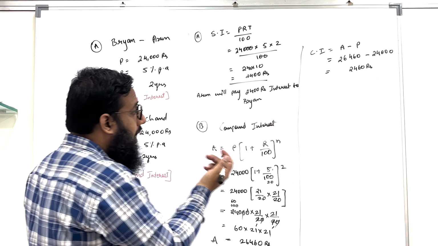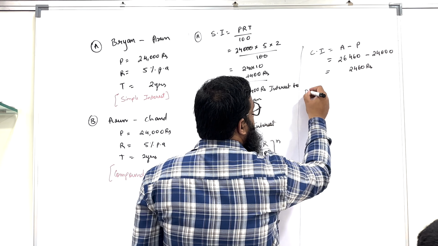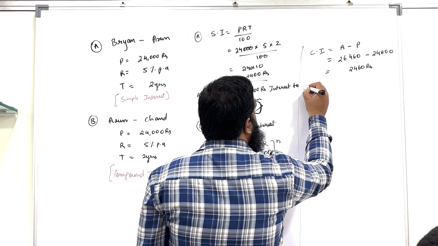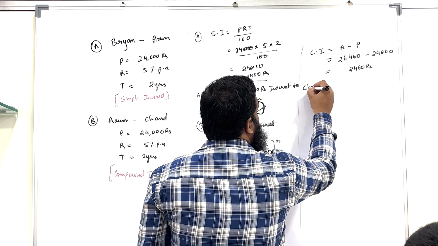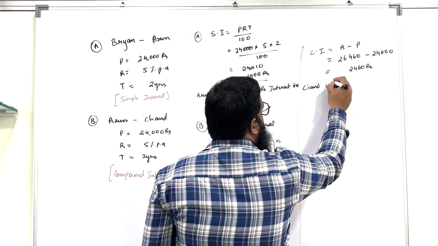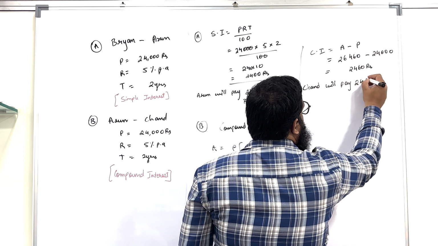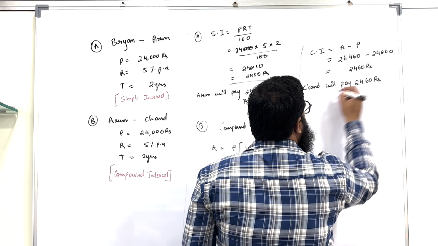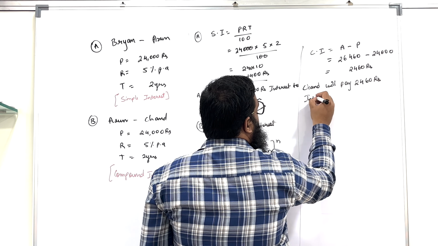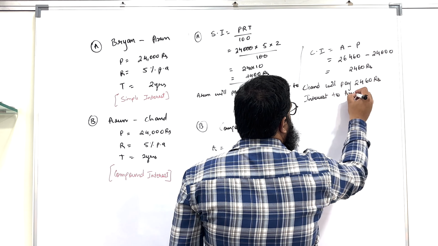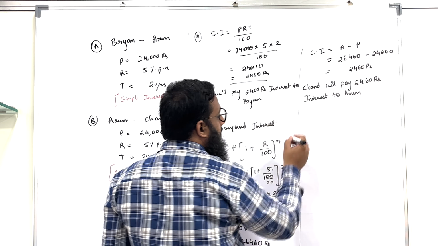Now we'll write over here that Chand will pay 2,460 rupees interest to Arun.